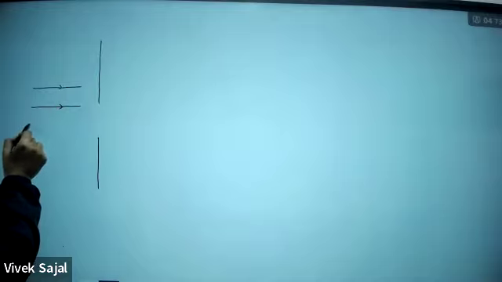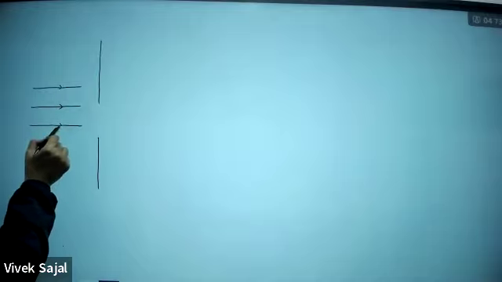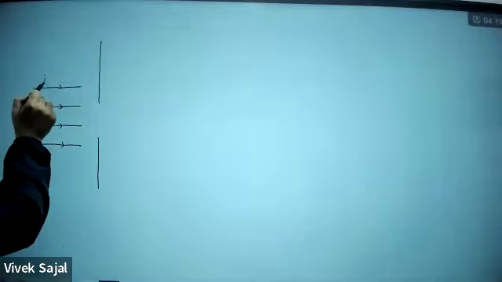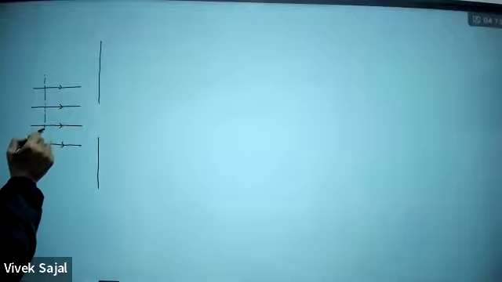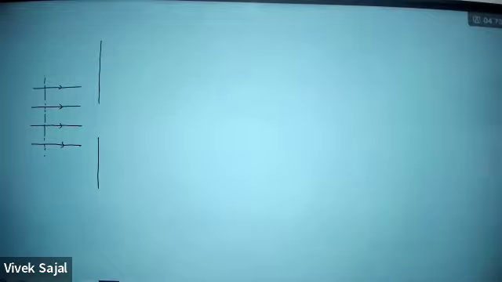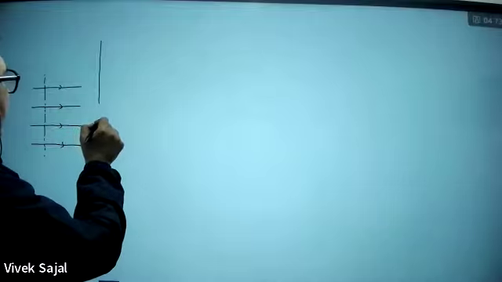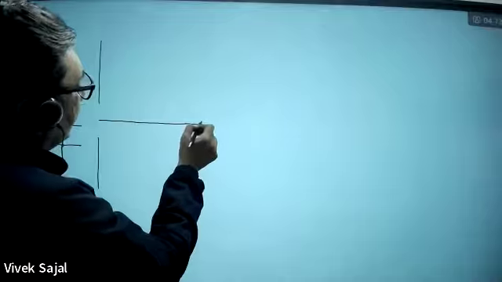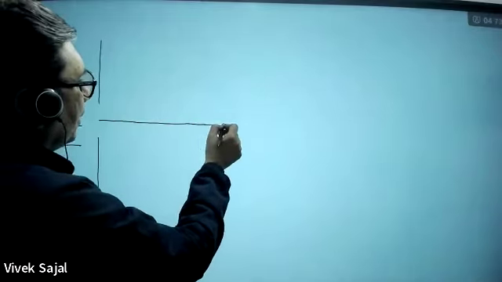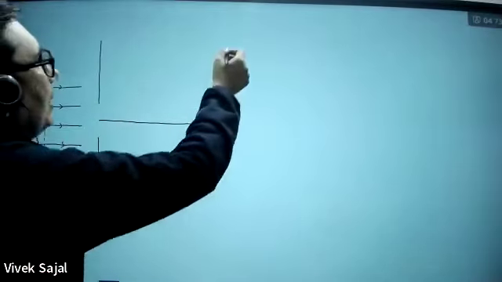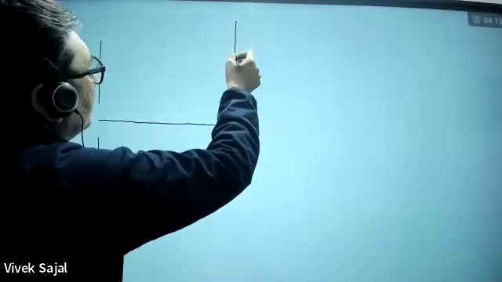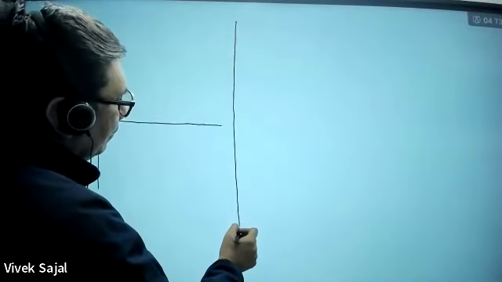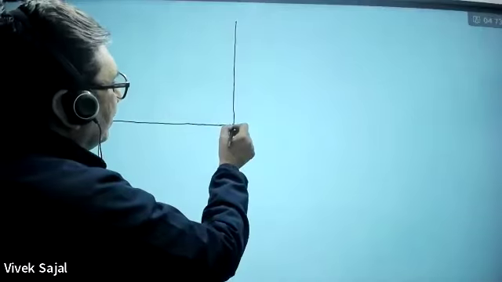A planar wavefront is incident on it. This is the original direction of the light in which this planar wavefront is propagating. You place a screen here, and on this screen we want to find out the pattern.